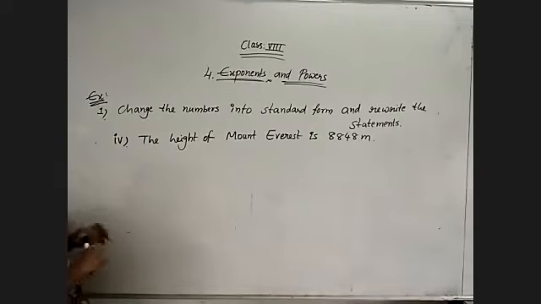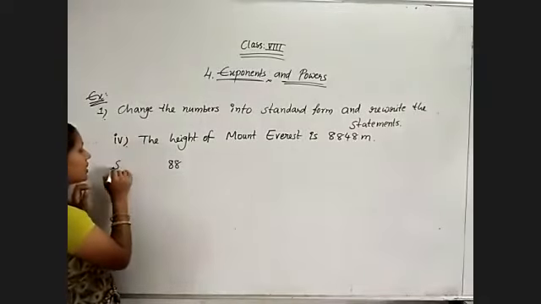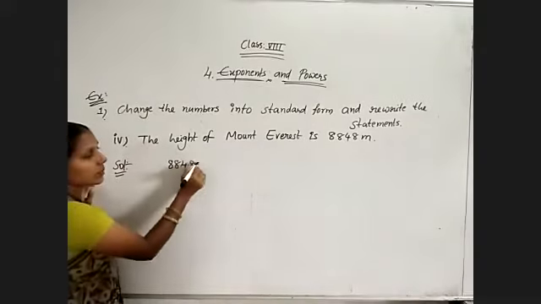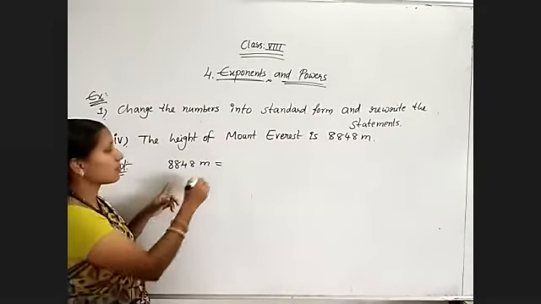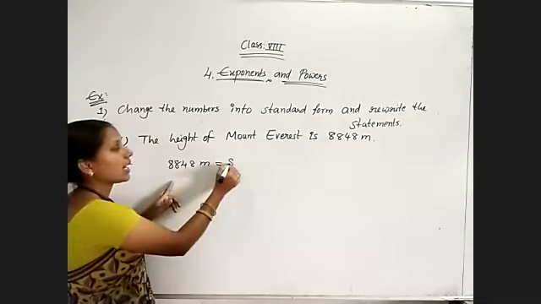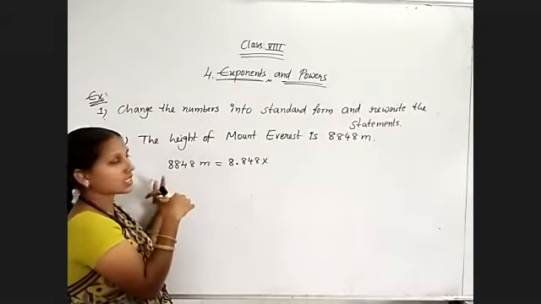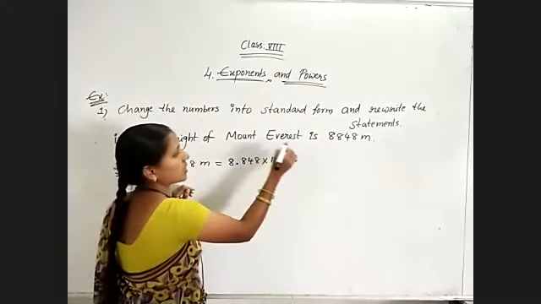Observe this: the question is given in meters. Here no decimal value is given, so that means it is a larger number. I am writing in exponential form, 8.848 into, after the decimal point, how many digits do I have? 3. So total 4 digits, 1 digit less, 3 digits only. Now that is 10 cube meters.